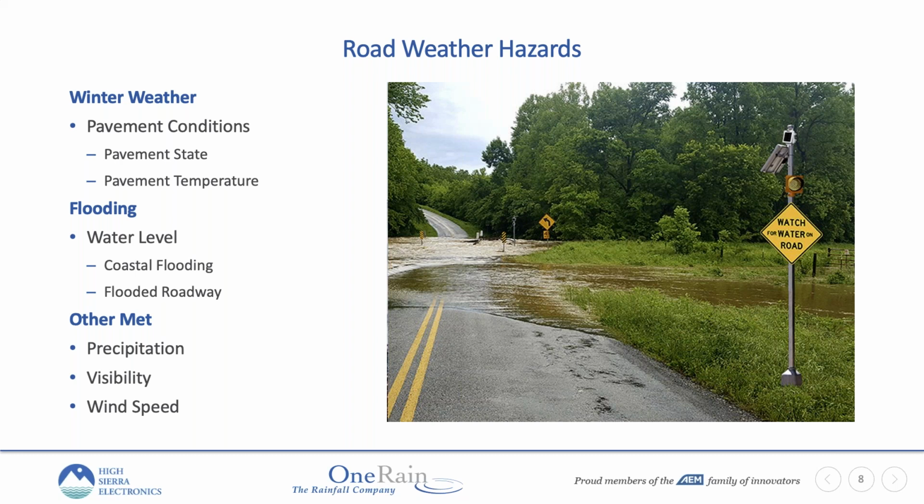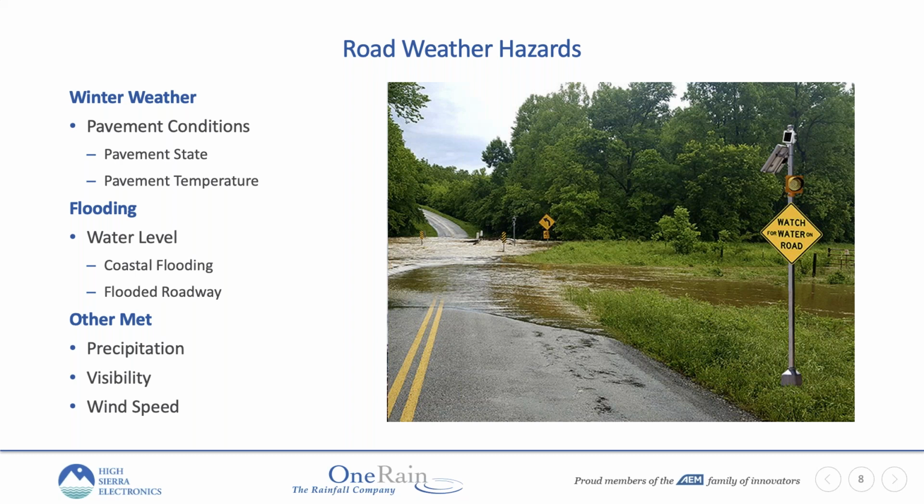The other category when we talk about weather influenced hazards is precipitation, water on road, just simply rainfall that has fallen. That is the number one cause of accidents here in the U.S.: just simply a wet or rain pavement, and it leads to a large number of accidents and injuries annually.